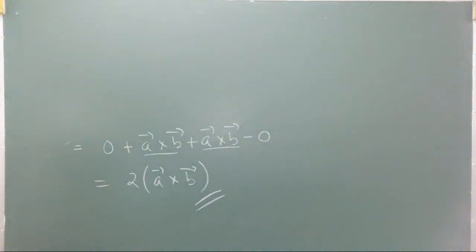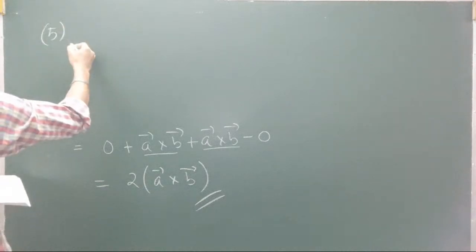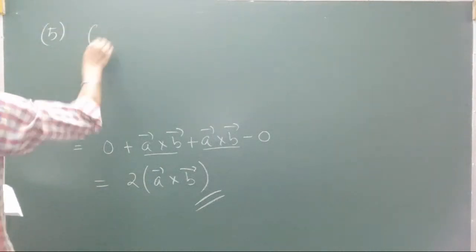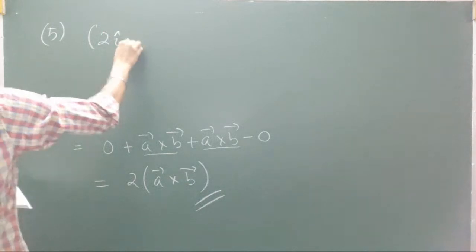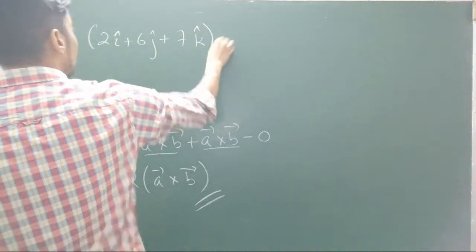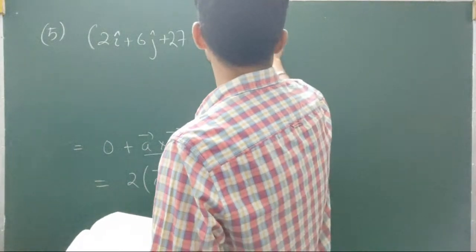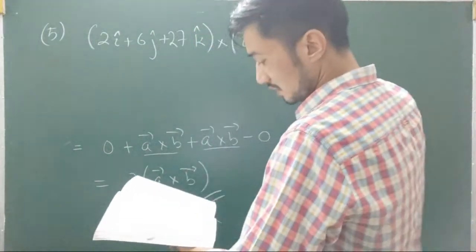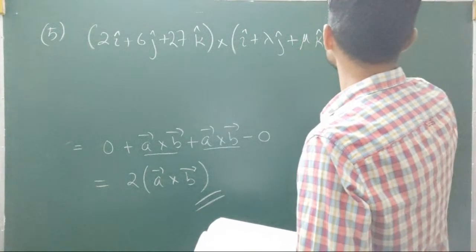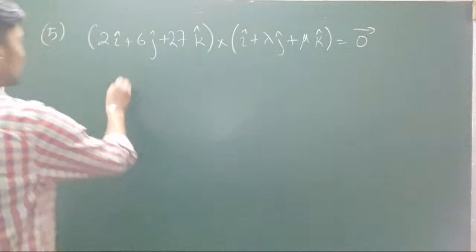Alright, number 5. Find lambda if the cross product of these two vectors, 2i plus 6j plus 27k and i plus lambda j plus mu k, is a 0 vector. So what is the cross product?